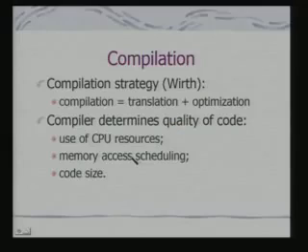It should not be that one of the functional units is being used and others are not being exploited. The similar issue is related to the memory access scheduling. So if I can access memory in an optimal fashion, both my time and energy is optimized.